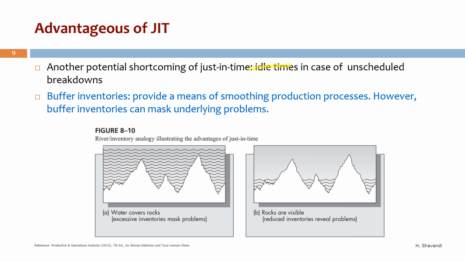But in traditional systems, because of having enough buffer, even with a breakdown in one workstation, other workstations can continue working. In just-in-time, it's not so. On the other side, buffer inventories can mask underlying problems, but on the positive side, buffer inventories provide a means of smoothing the production process.